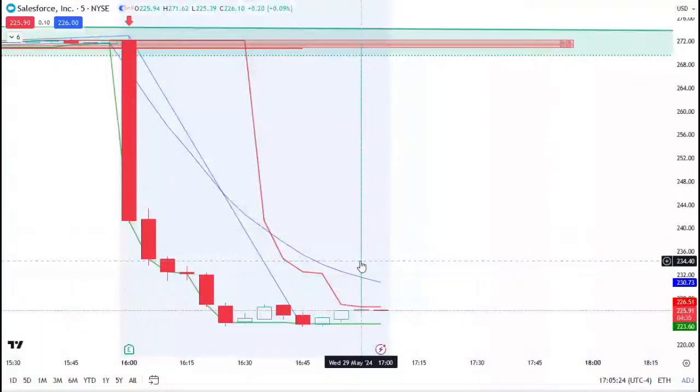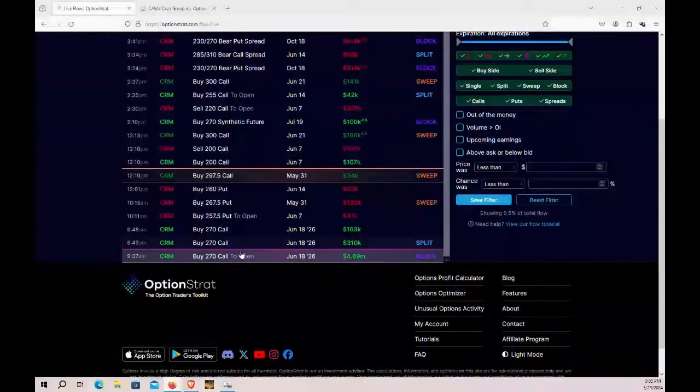271 high, 225.39 low, 226 close. So maybe this over here hit it.